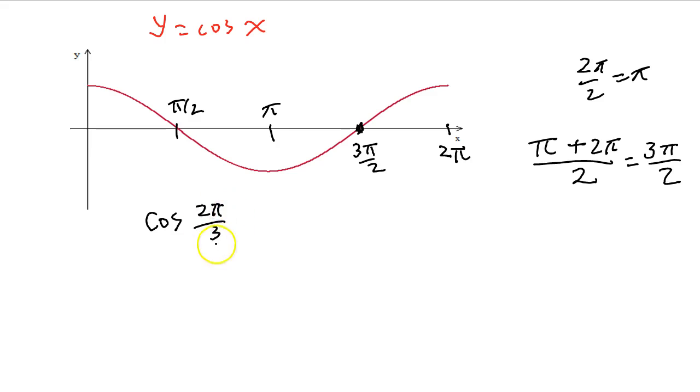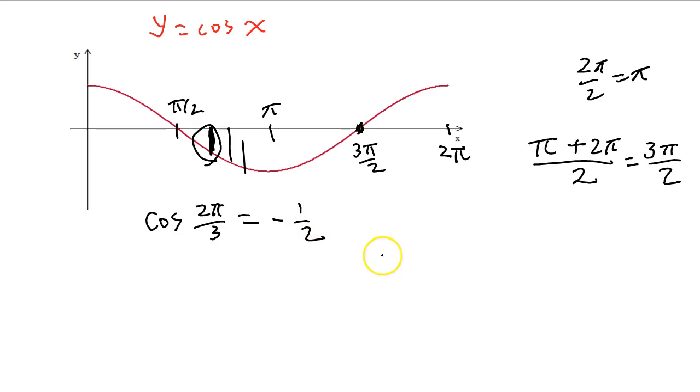Pi over 3 is 60 degrees, because 180 divided by 3 is 60. 60 times 2 is 120 degrees. 120 degrees falls between 90 and 180, and it's closer to the 90, right? 90 plus 30 is 120, so it's closer to the 90. And you can kind of think that the other ones fall here. So what kind of value is this? This is a negative value, and it's a small value, so it's negative 1/2.